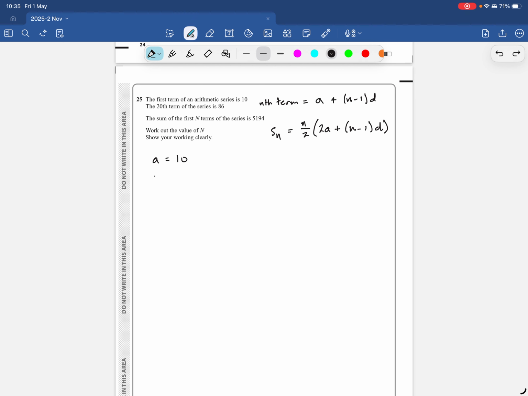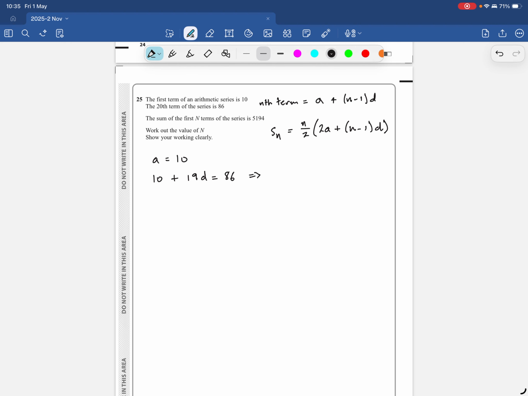We've got 10 plus N minus 1 is 19, D, and that's equal to 86. So 19D is 76, and D is 76 over 19, which is 4.